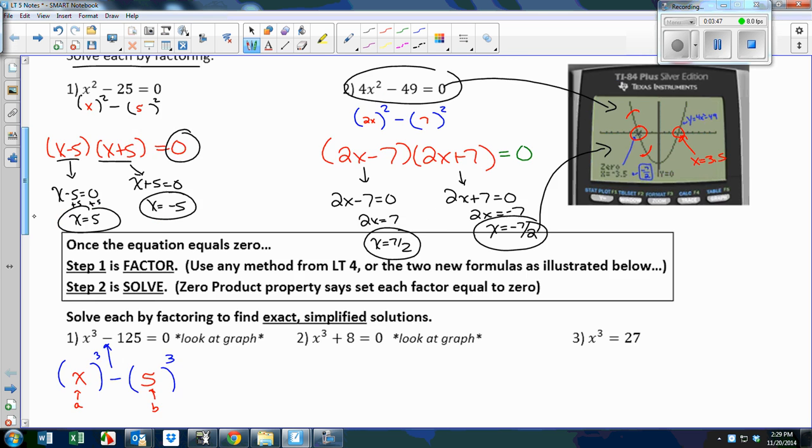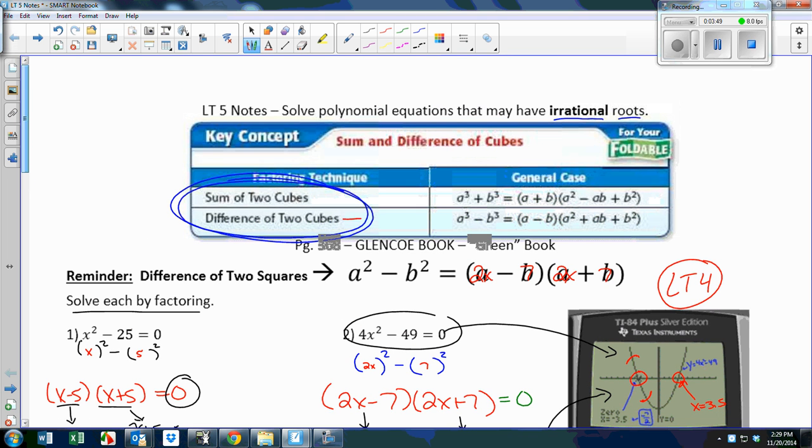So when I go up here to the formula, difference of two cubes, x is our a, and 5 is our b. So according to this formula, it factors to x minus 5 times parentheses x squared plus x times 5 plus 5 squared. So I'll clean that up. The first parentheses says x minus 5.